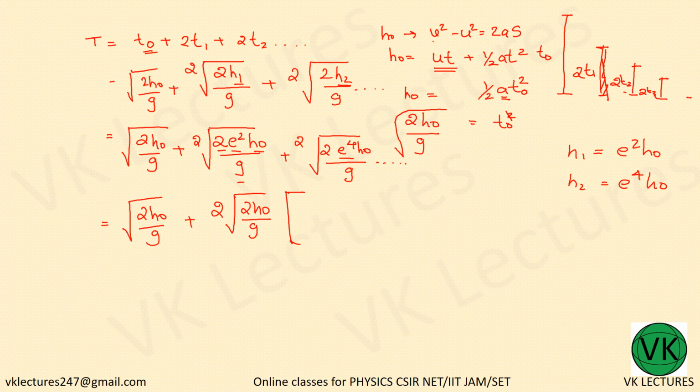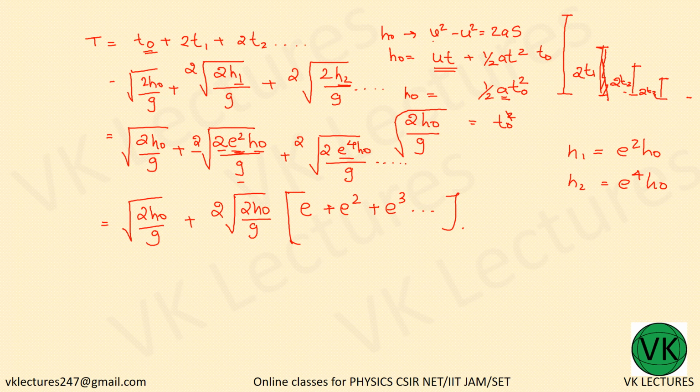That means this 2 along with, except this e square, everything I am taking inside the bracket. So root of e square will be inside, right? Root of e square is nothing but e. Here you will have root of e power 4, that is nothing but e squared. Again in the next term it will be e to the power 3, and so on.